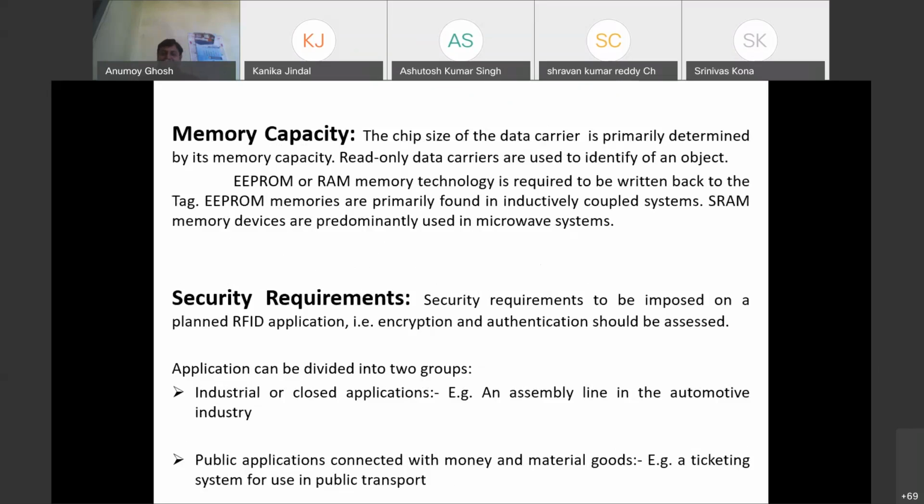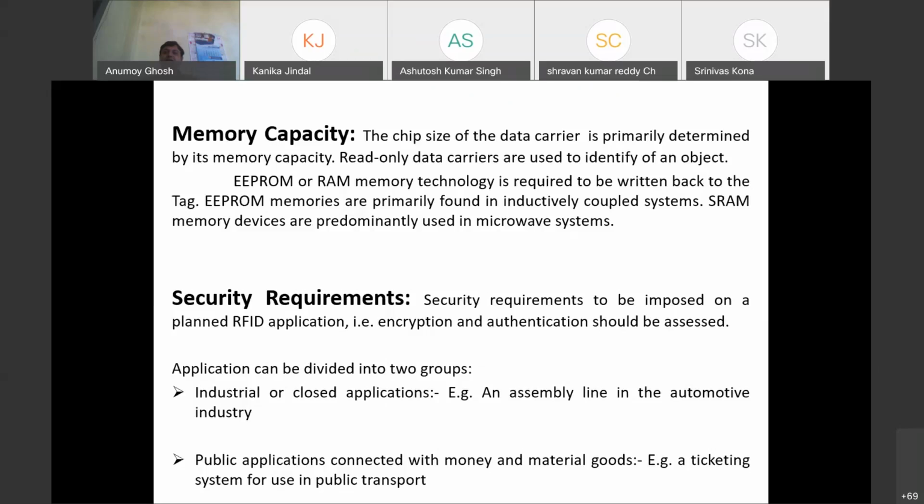Memory capacity I have already discussed. And security requirements. Suppose you want to use an RFID tag in a closed environment, then obviously you have to use encrypted data. But for public use, for example speed limit or collision avoidance, you cannot give very high-end encrypted data, because my encrypted data will be different from another person X's encrypted data.